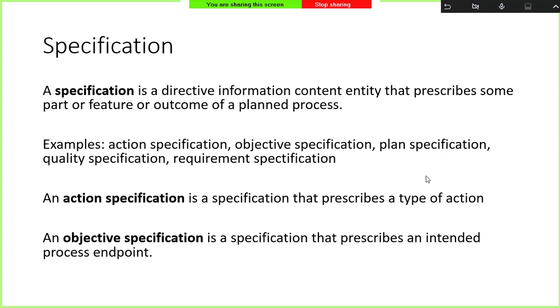And directive information content entities include things like recipes, instructions, musical scores is another example. But the big example would be commands issued by a military organization. Specifications specify, and what that means is that they prescribe some feature or outcome or part of a planned process.